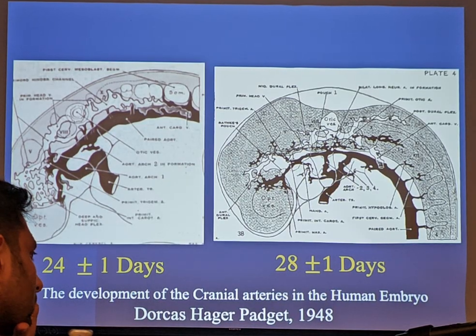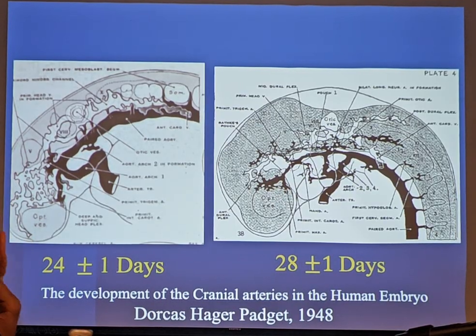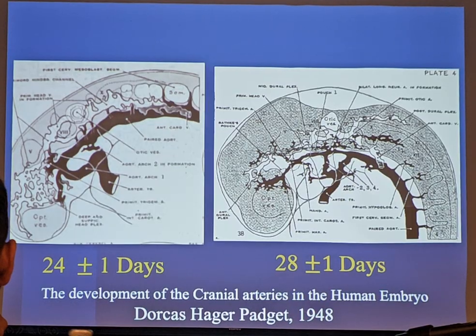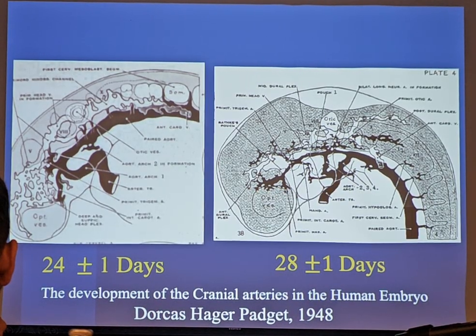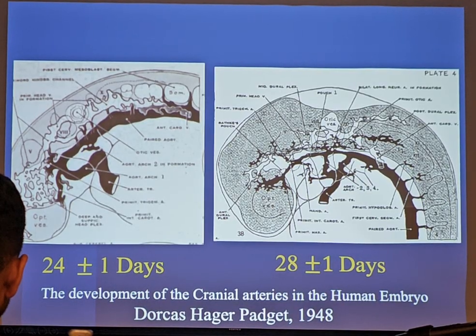She became a more permanent employee, and then she became more interested in the growth of the vascular system, embryonic growth. So she studied a lot of specimens stored in the Carnegie Institute in Baltimore, and she demonstrated how the vascular system grows. I took a lot of slides from her initial publications.